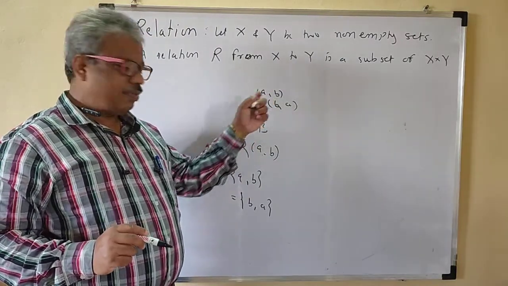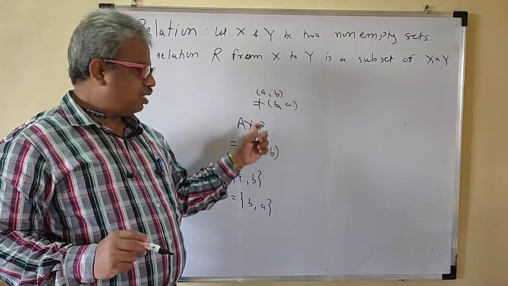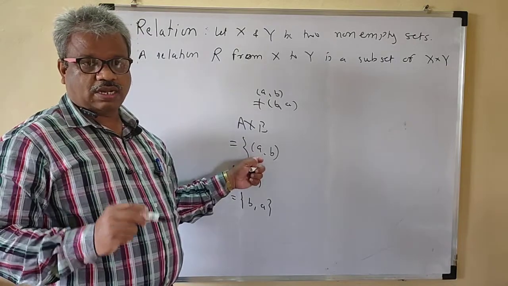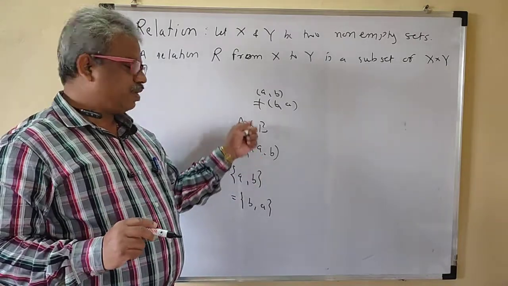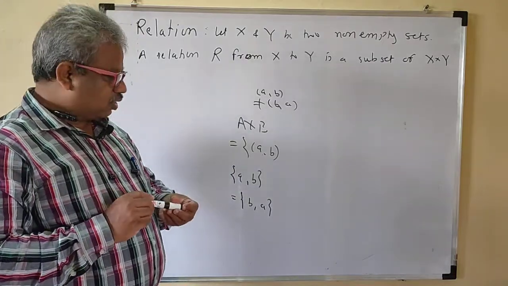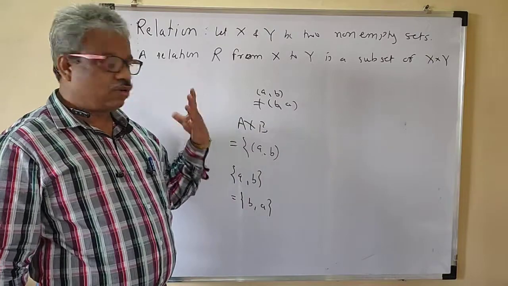Here a is an element from set A and b is an element from set B, so it is called an ordered pair. The order is very important. The first element should be from the first set and the second element must be from the second set. So the set of all ordered pairs is nothing but A cross B.